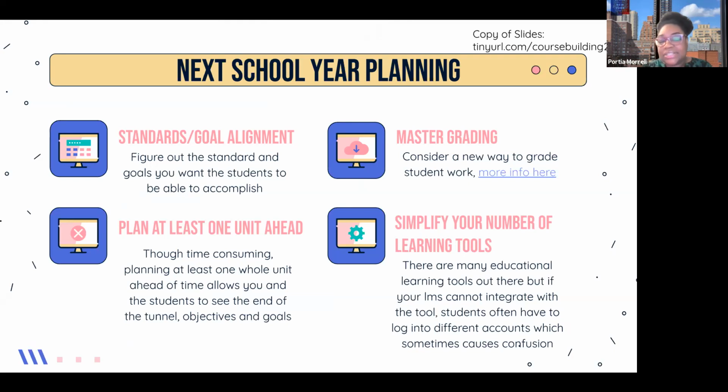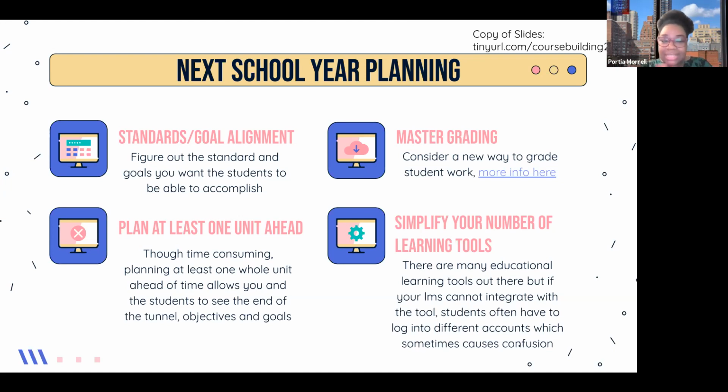The first one is standards and goal alignment. After spending a year trying to figure out what I wanted the students to accomplish, I would really recommend having standards and goals of what you want the students to be able to accomplish first. It's kind of like an outline, a brainstorming of what you want them to do, and then you figure out how to get there later.